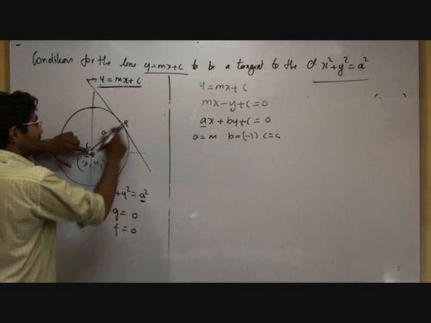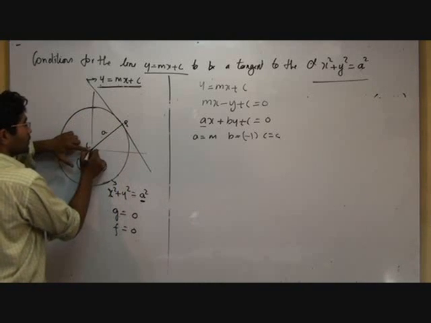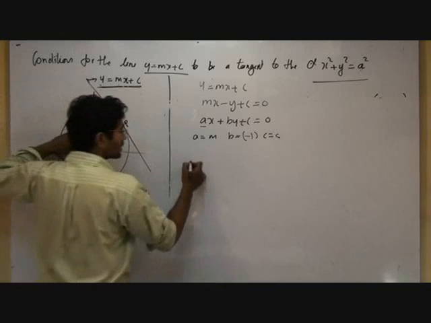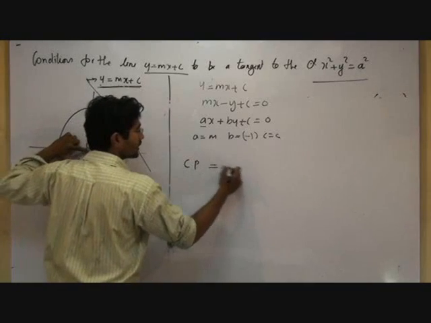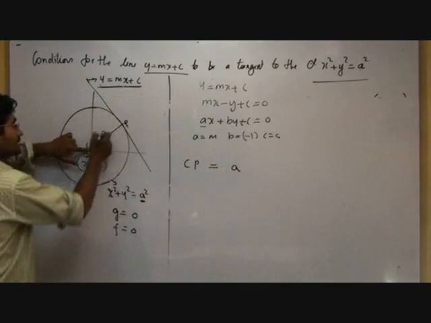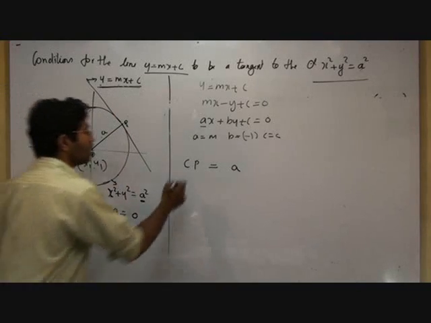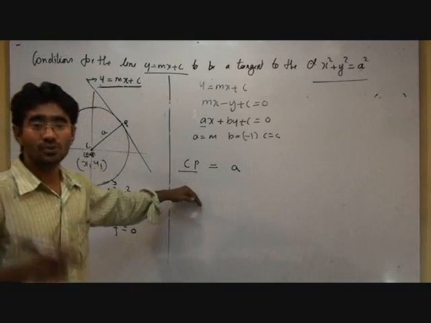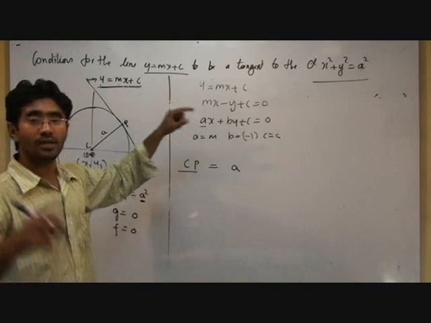Now, I can see the diagram. I can say that CP is the perpendicular distance between this point and this line. So can I write CP is equal to a also? Because a is that distance, that is the radius. How will I find CP? I can use that formula to find the distance between a point and a line.